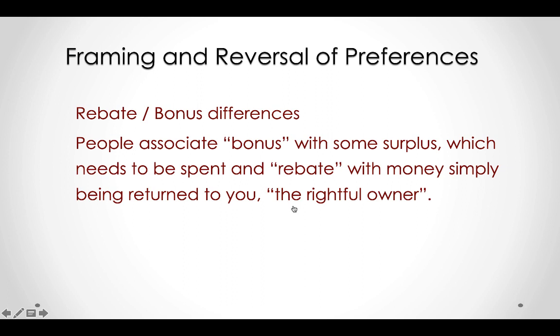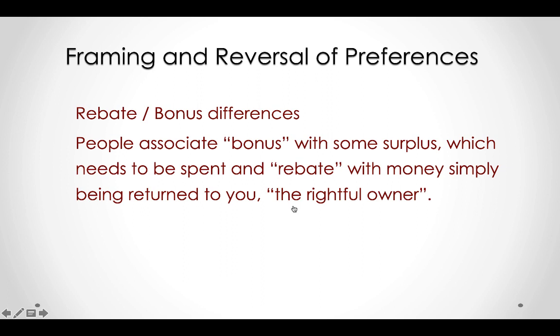Now think about the word bonus. What do we associate bonus with? Some kind of free money falling out of the sky. Maybe your grandmother gave you $100 for Christmas and you didn't know what to do with it. So the word bonus is associated in our mind with some kind of free money, and because we don't have an account to put it back in, we simply do what we feel like doing.